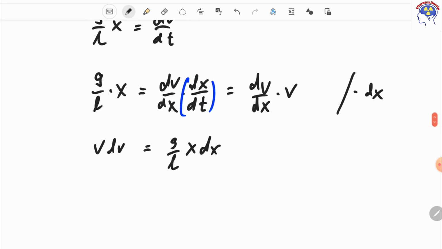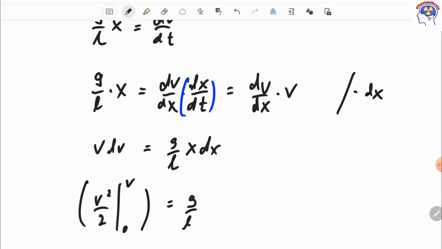Let's solve this integral. We'll get here v to the power of 2 over 2 equals g/L times x to the power of 2 over 2, from 0 to some x, the hanging part.